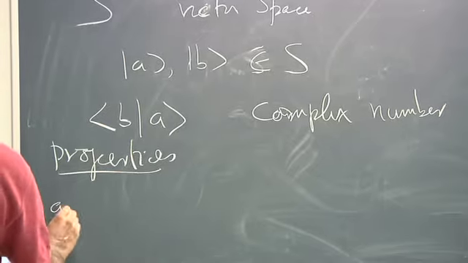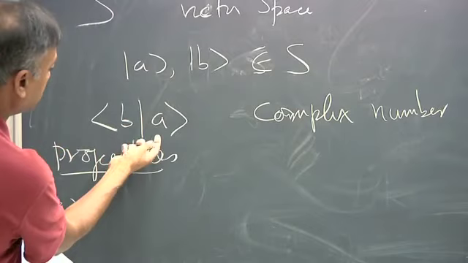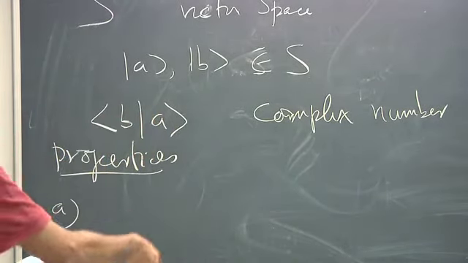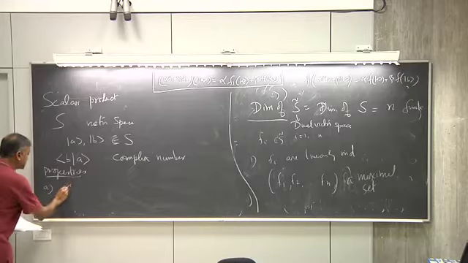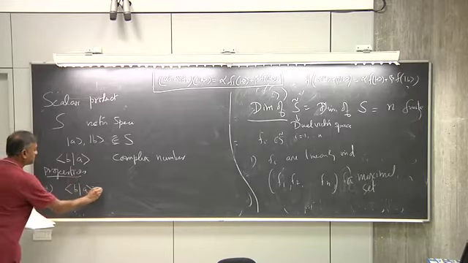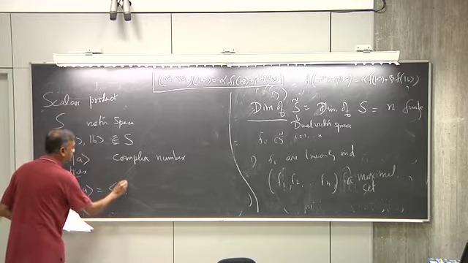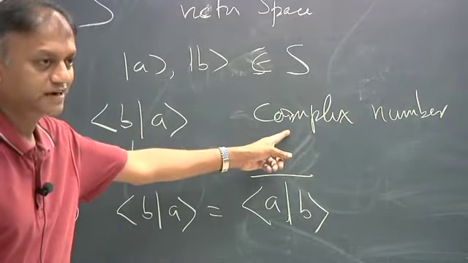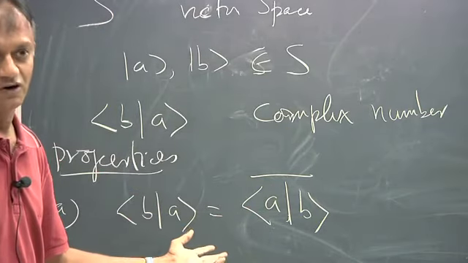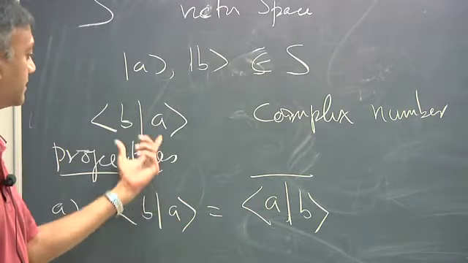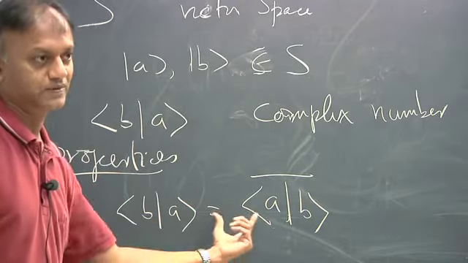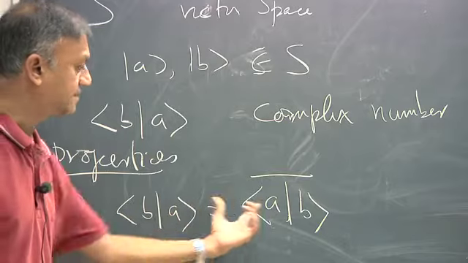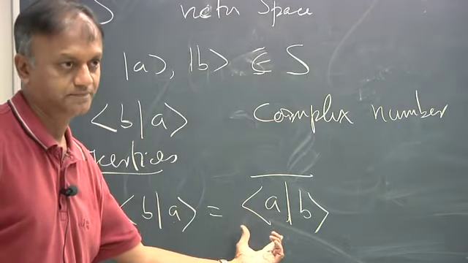First, BA is not the same as AB, but the relation between the two is this: BA is equal to AB complex conjugate. In general this is a complex number. For the real vector space, it will not be different, since both will be real numbers and the same. But in the complex case, the two are complex conjugates of each other.